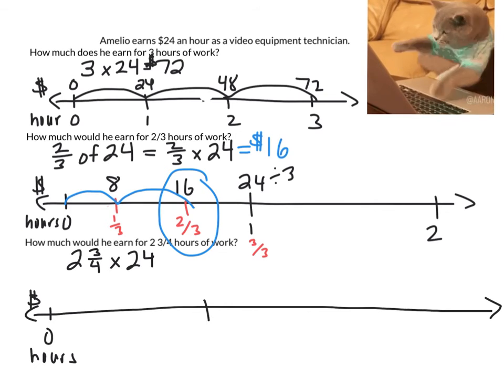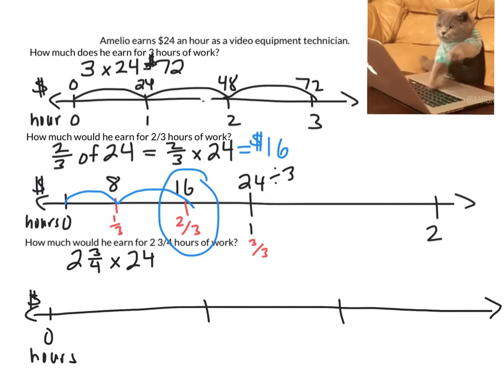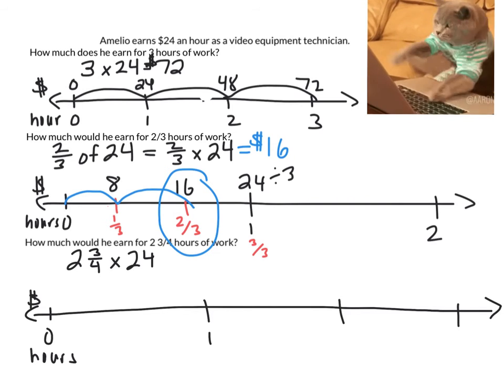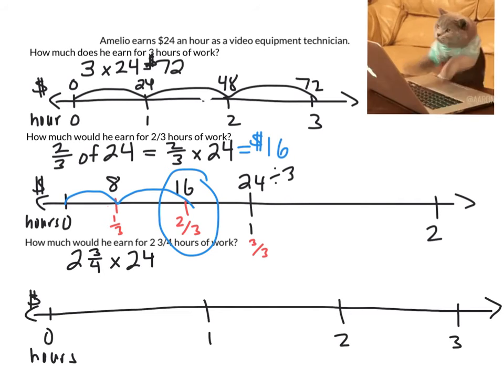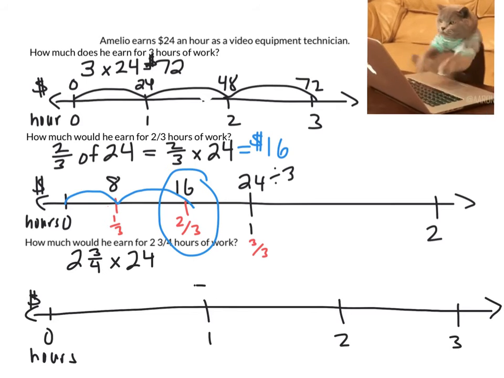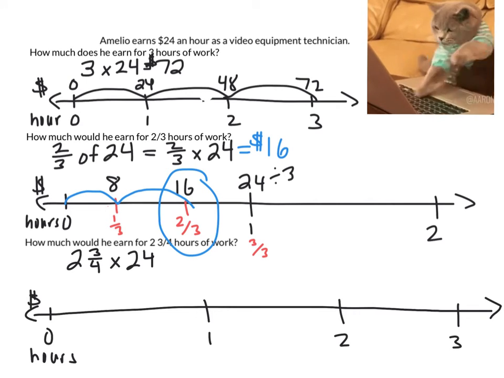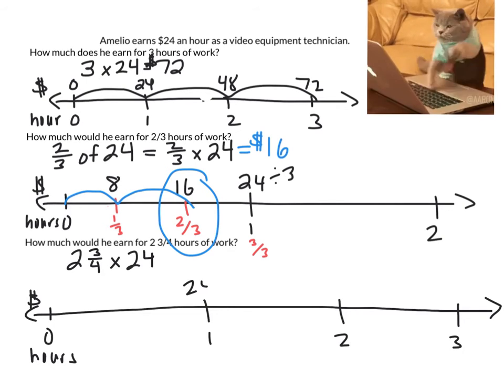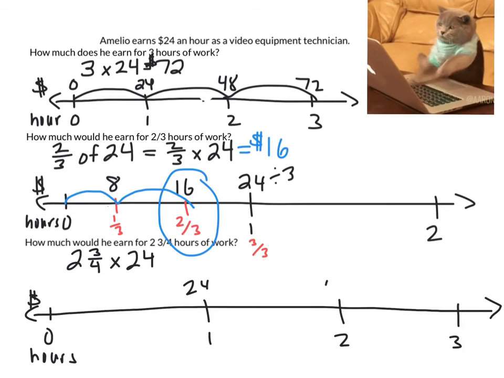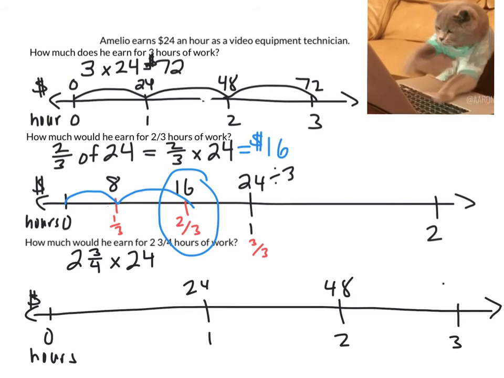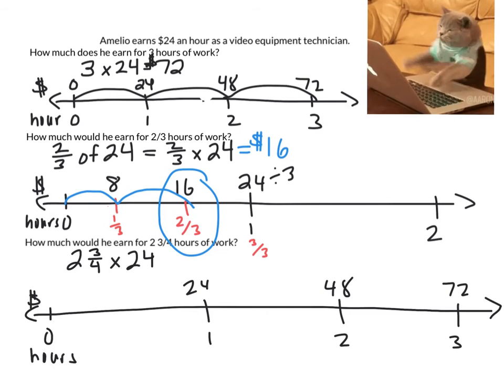I'm going to go ahead and section off my number line first by the full hours. And just from experience of what we did earlier, I know that if he works 1 hour, it's $24. 2 hours is going to be $48. 3 hours would be $72.